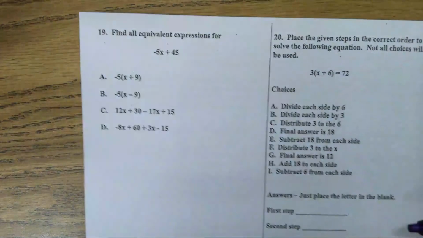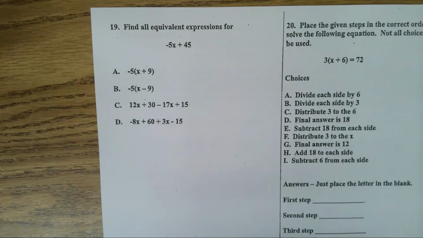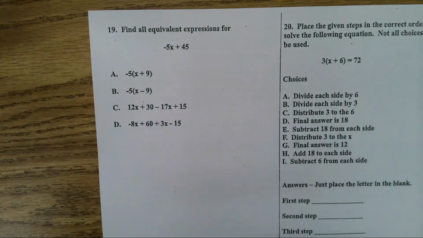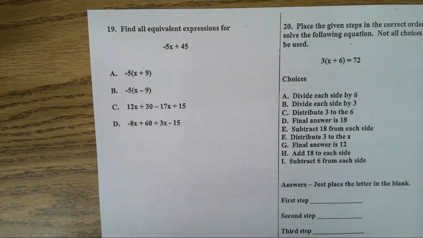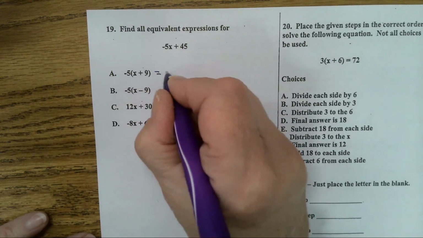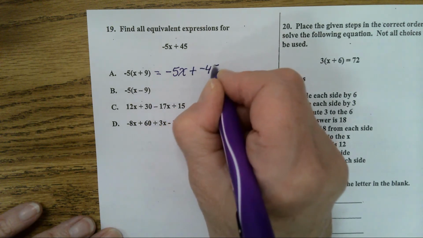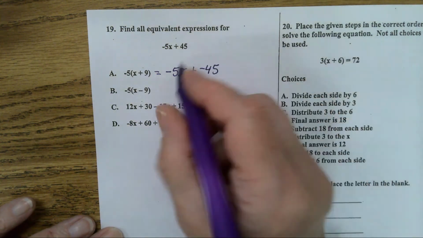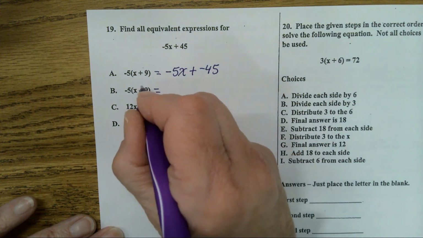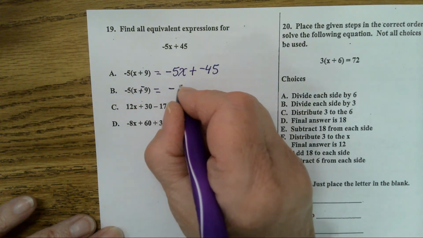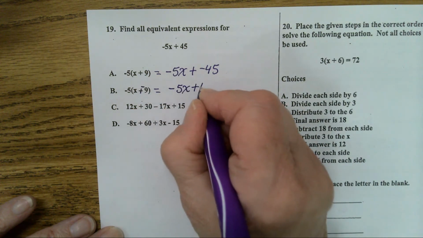Now in number 19, the way I do this is I solve each one of these problems to see which ones end up being the same. So, negative 5x plus negative 45. Nope. This equals, add the opposite, negative 5x plus 45.